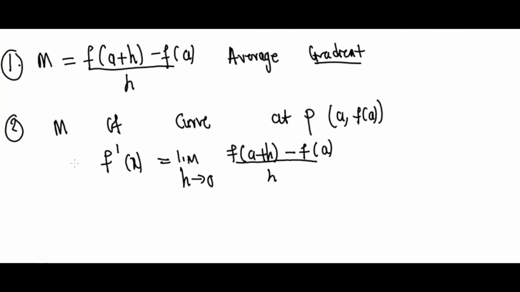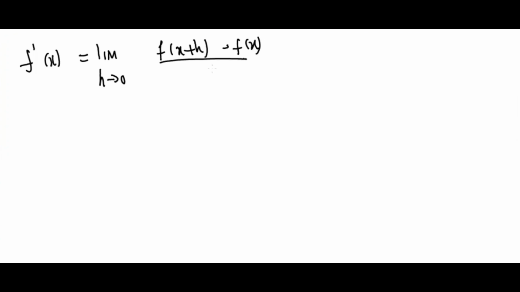So when we want to generalize, we can say that f prime of x is equal to the limit as h approaches 0 of f of x plus h minus f of x, divided by h.